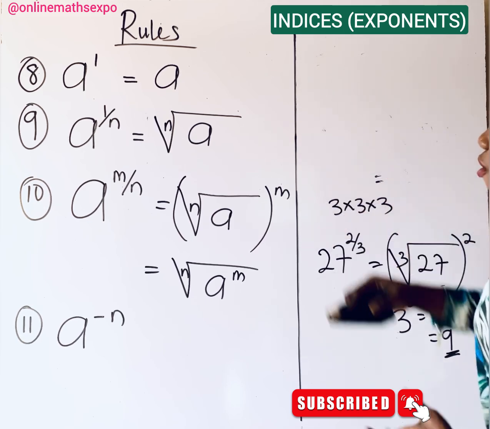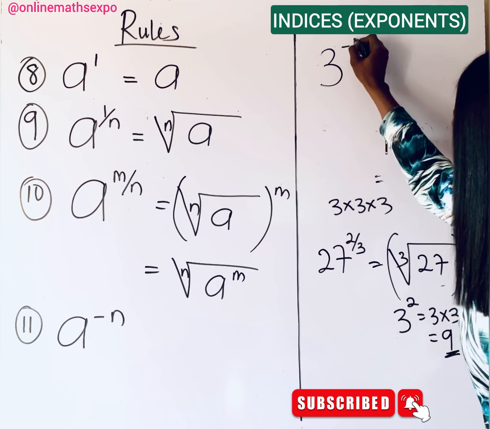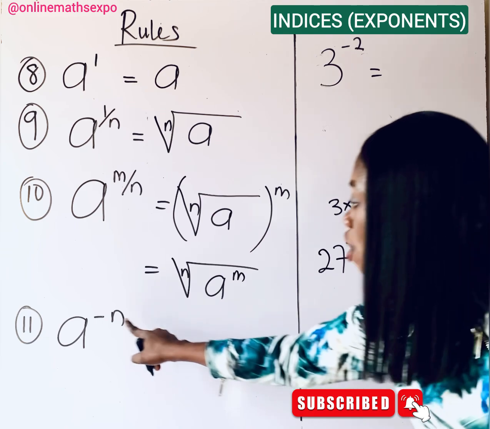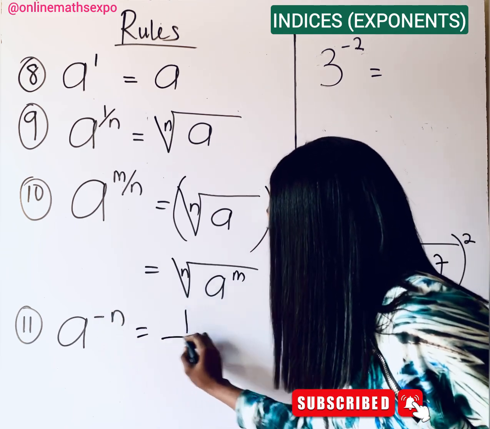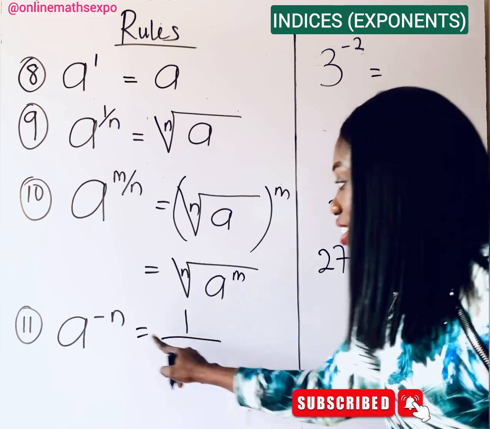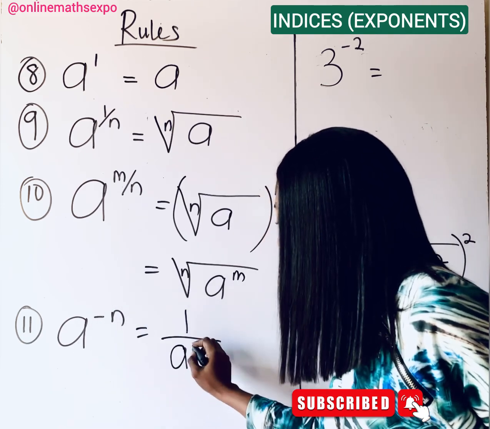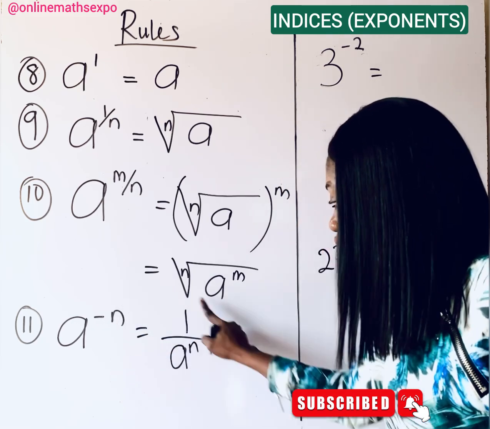It says that if I have 3 to the power of negative, let's say 2, what does it mean? It means you remove this negative sign. It becomes 1 over. I hope you get that. Then when it is removed, you will be left with a and then return this n as a power. So when you have this, this is what it becomes.